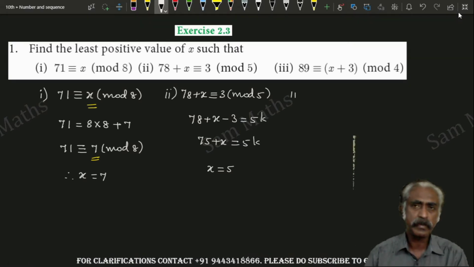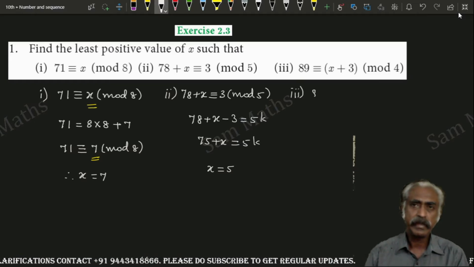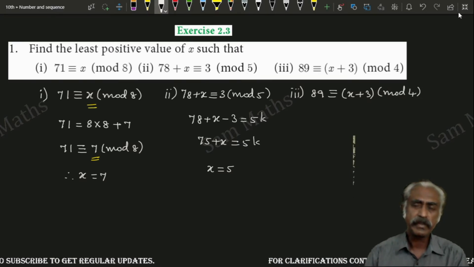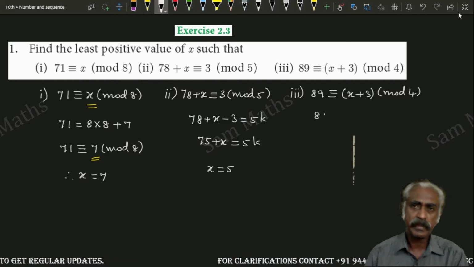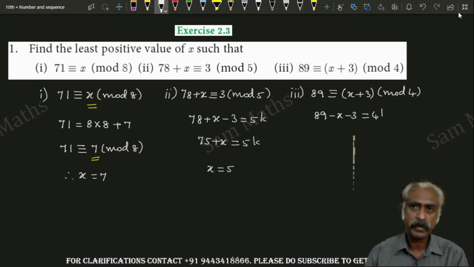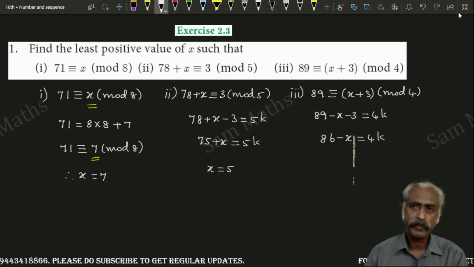Now you move on to the third one. It's given 89 congruent to x plus 3 mod 4. This we can write as 89 minus x minus 3 equal to 4k. Just to simplify, we are getting 86 minus x equal to 4k.